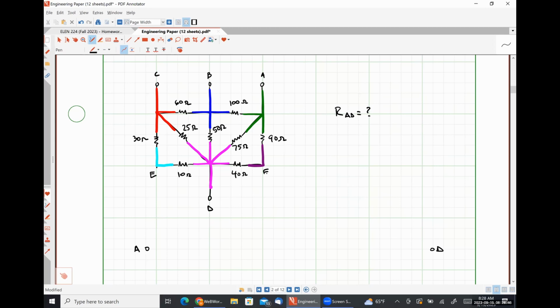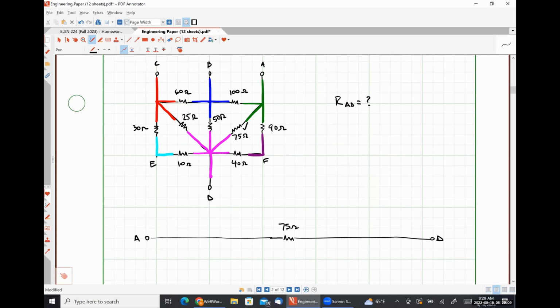And to me, the easiest path to go from A to D is just directly through that 75 ohm resistor, right? So I'm going to place a 75 ohm resistor directly between terminals A and D. I'm going to put a check mark by this one to let me know I've already used this one in my drawing.